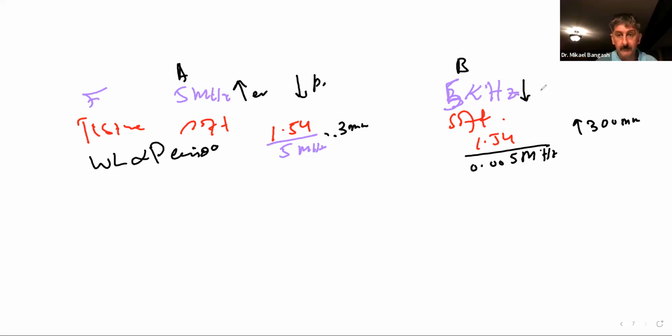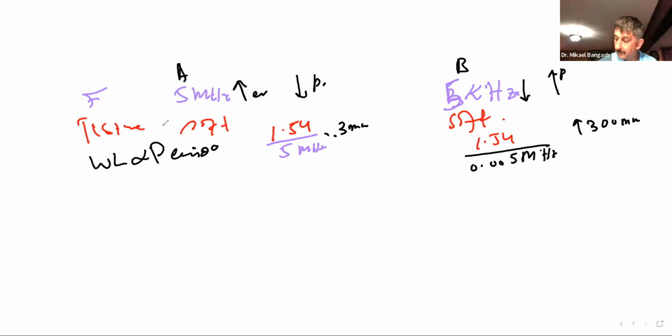Lower frequency, greater period, whichever way. I probably shouldn't have done this calculation here, because they're directly asking what's the relationship between period and wavelength, or frequency, sorry.